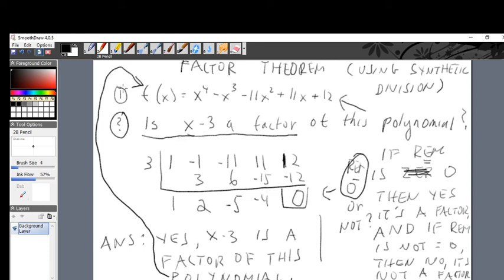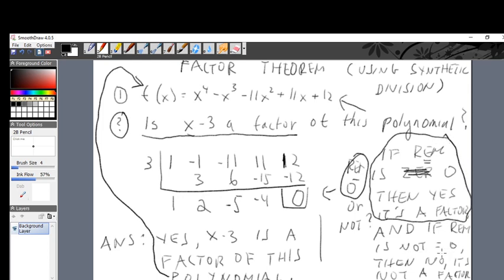That's how the factor theorem works for us to test if something is a factor of a polynomial or not. If the remainder is 0, then yes, it's a factor.